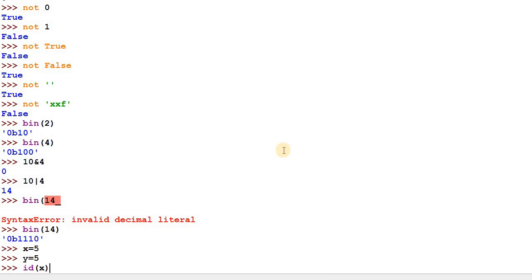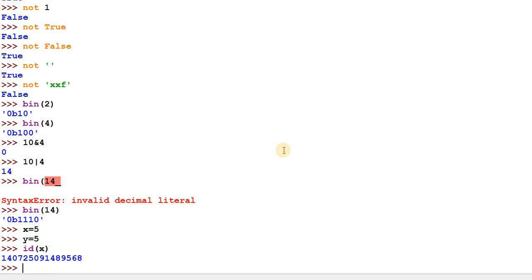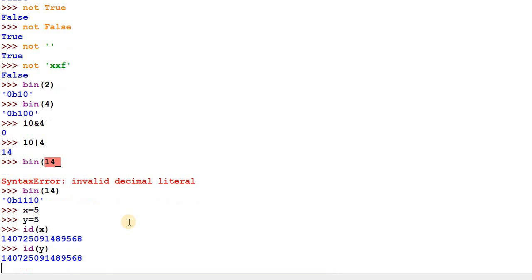Suppose id of x: the id function returns the memory location the variable is pointing to. Look at the memory location number here; the value depends upon the allocation of memory in that particular computer. Now id of y will give you the same location.